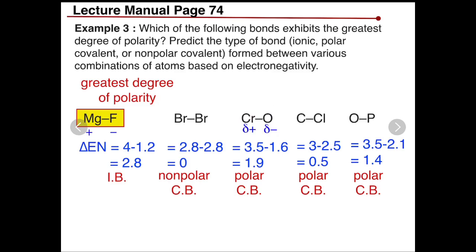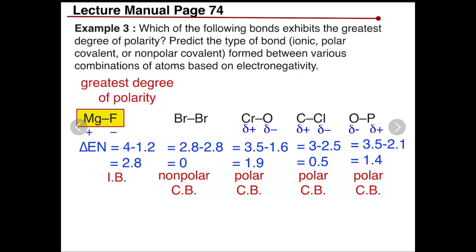Same thing for carbon and chlorine. Chlorine is 3, carbon is 2.5. Therefore, partial negative would go to chlorine, and partial positive would go to carbon. Between oxygen and phosphorus, oxygen is 3.5, phosphorus is 2.1. So clearly oxygen has a higher ability to withdraw electrons. So oxygen would get partial negative and phosphorus would get partial positive.